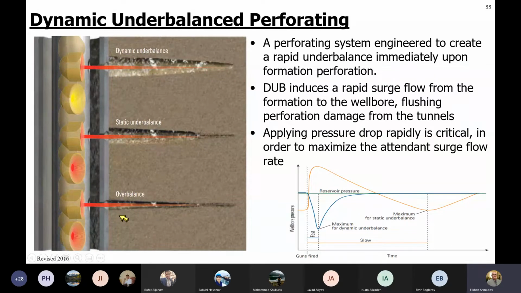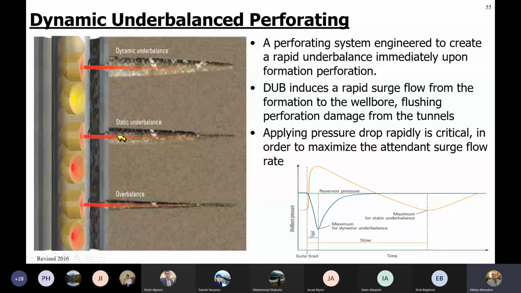This one is overbalanced: when we perforate the well, the wellbore fluid is entering the perforation tunnel. Because of this, we get a squeezed and crushed zone around the perforation tunnel, and it is not opened up efficiently. In static underbalance, the pressure in the wellbore before the perforations is lower than the reservoir pressure.